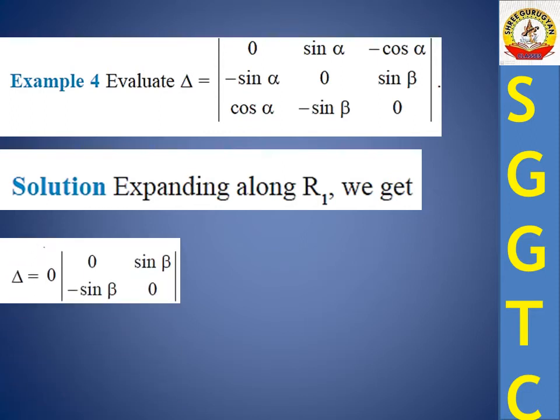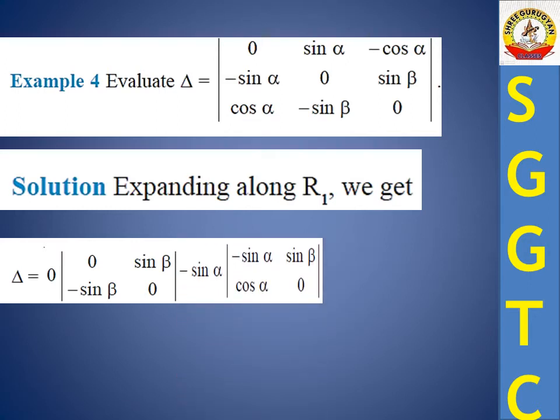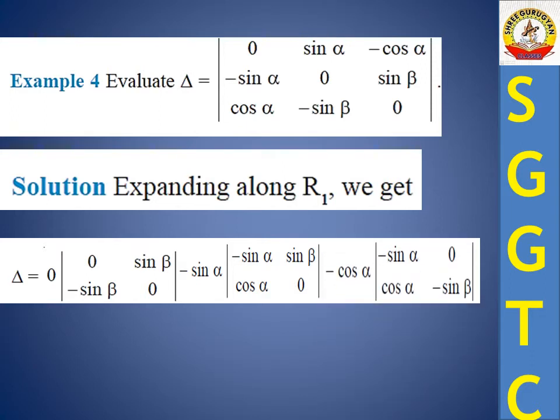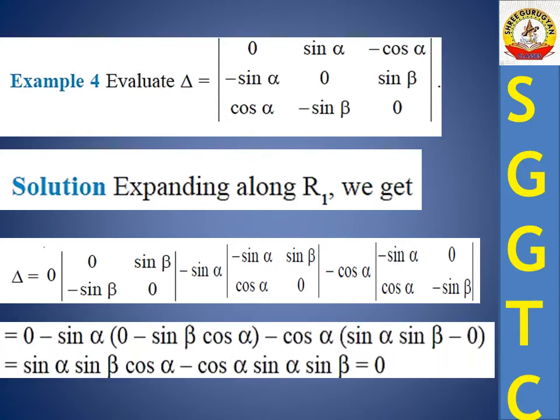Applying the definition, you get 0 with the minor 0, sin beta, minus sin beta, 0. Same as minus sin alpha with the minor minus sin alpha, sin beta, cos alpha, 0, and last minus cos alpha with the remaining values minus sin alpha, 0, cos alpha, minus sin beta. If you further calculate by principal diagonal minus secondary diagonal, you get the answer 0. This is a 2 marks question for students. Continue.